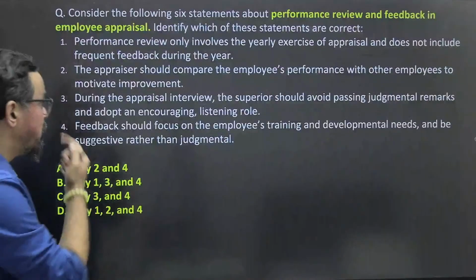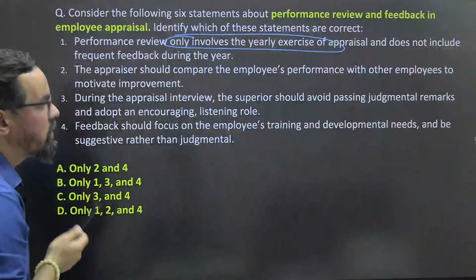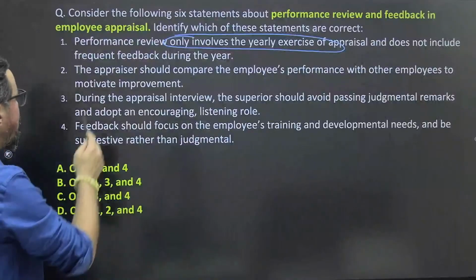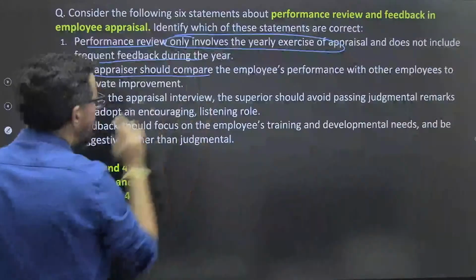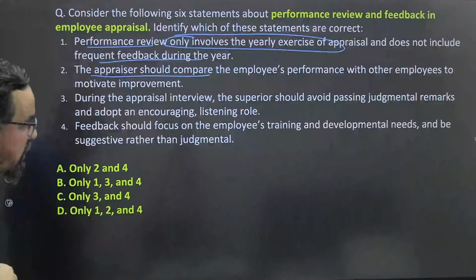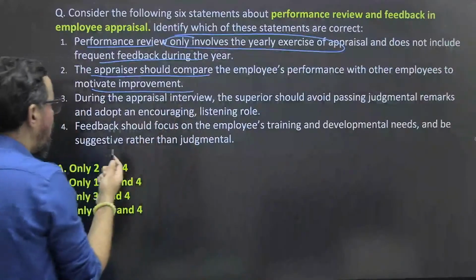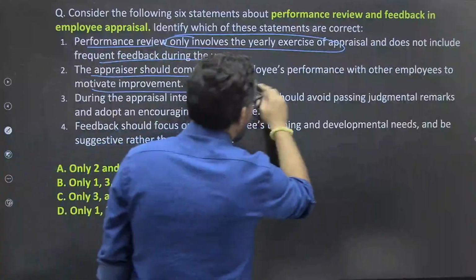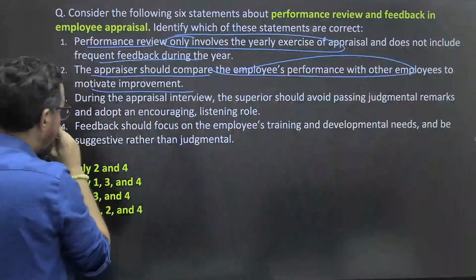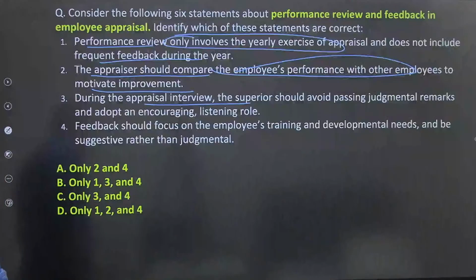So performance review only involves a yearly exercise of appraisal and does not include frequent feedback during the year. The appraiser should compare the employee's performance with other employees to motivate improvements.